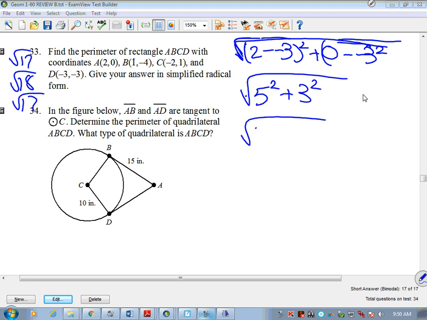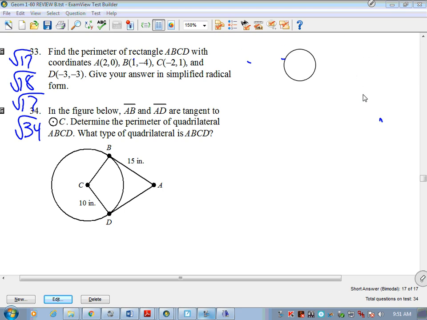So I've got square root of 34. Let's see. 34 divided by 2 is 17. Okay. So I can't reduce that any further. Okay, find a perimeter, give your answer in simplified radical form.